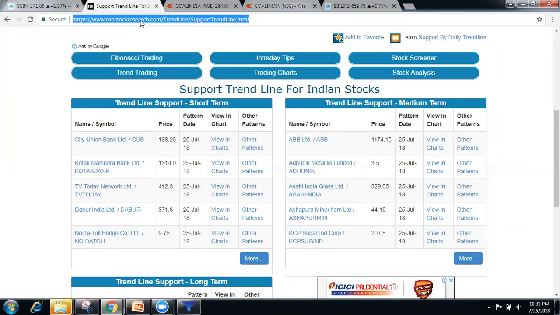So this is free of cost for doing the EOD analysis. The two softwares, Trade Tiger and Fires, are required for intraday trading, for selecting the stock, not for the trading whichever you have.